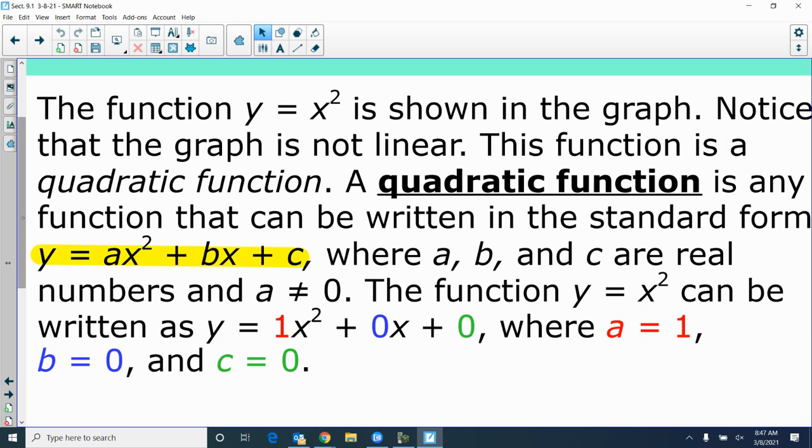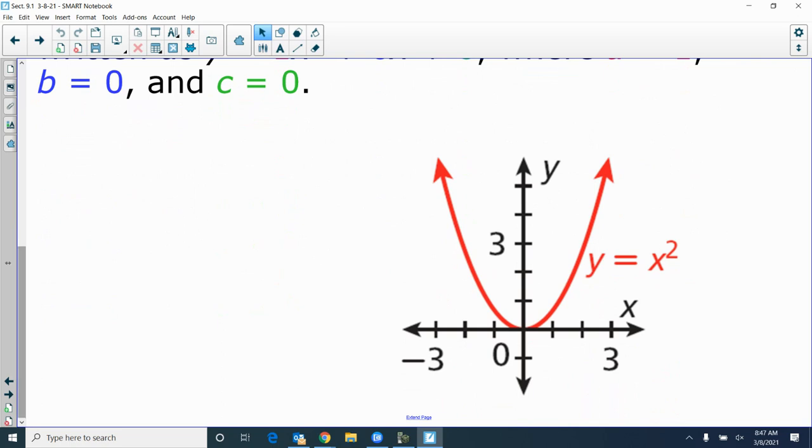You've graphed y equals x squared several times. What do we call that graph? It has a special name.